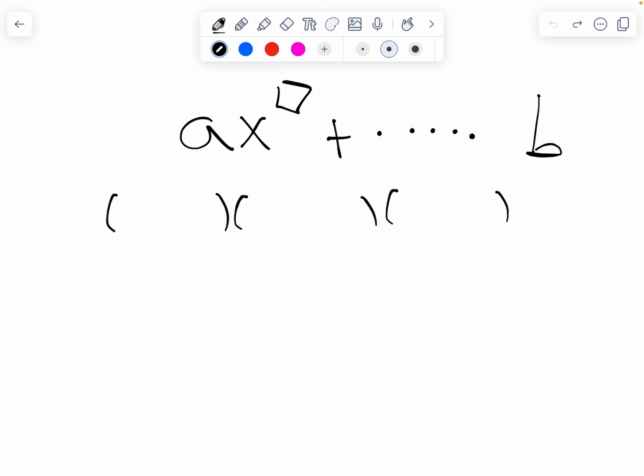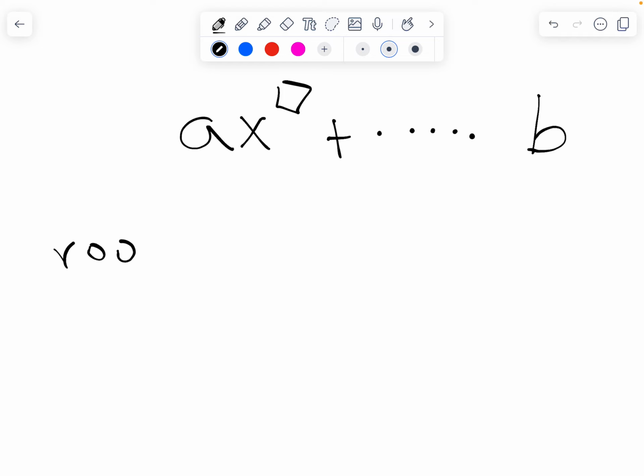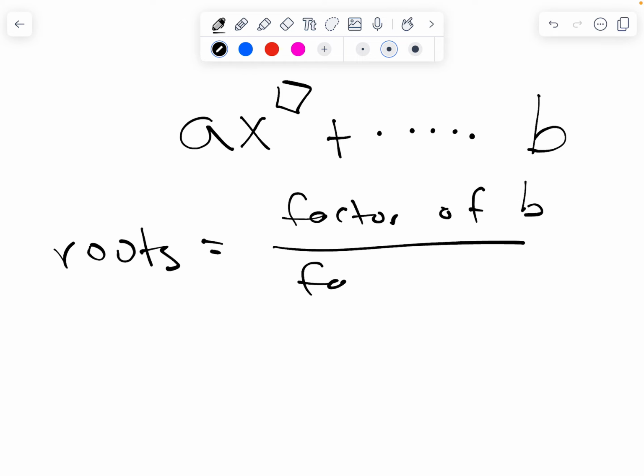Well, if all those coefficients are integers, then if this polynomial has rational roots, that's a big if because it might not, but if it has rational roots, the rational roots would be in the form factor of b over factor of a.